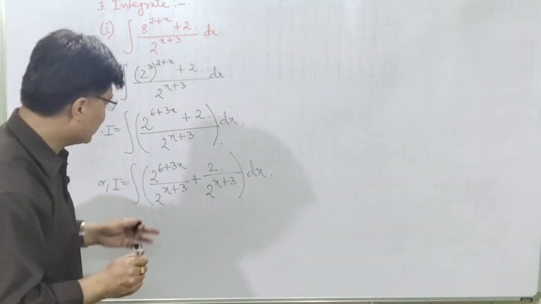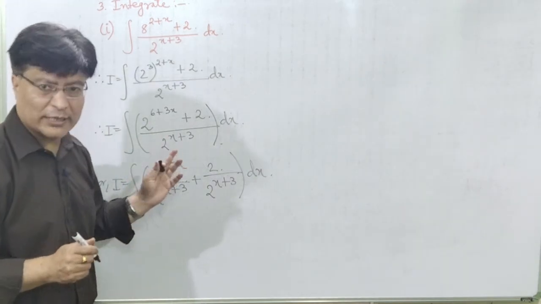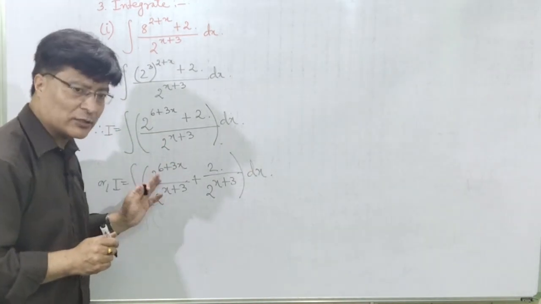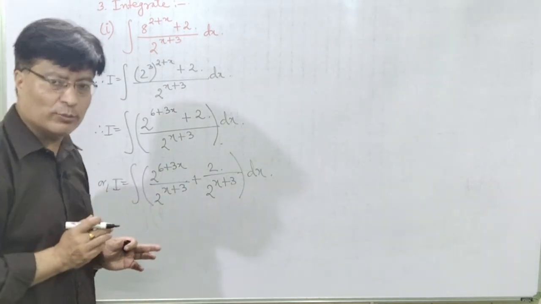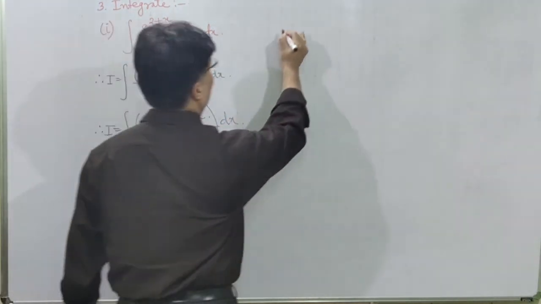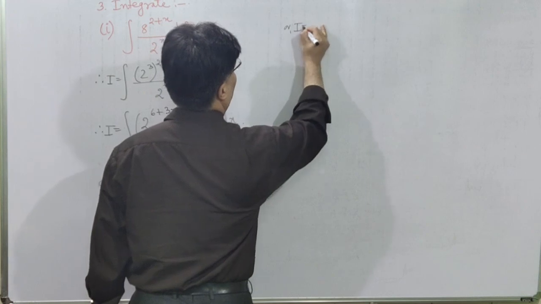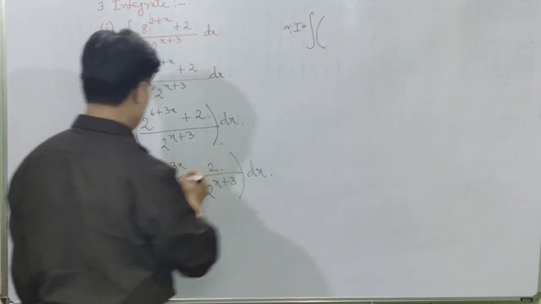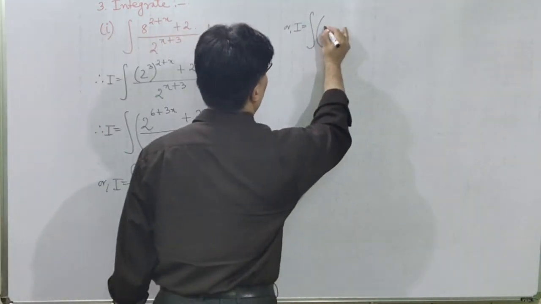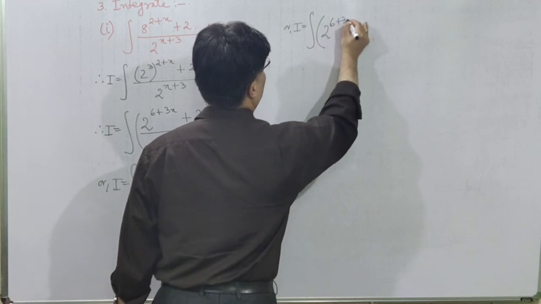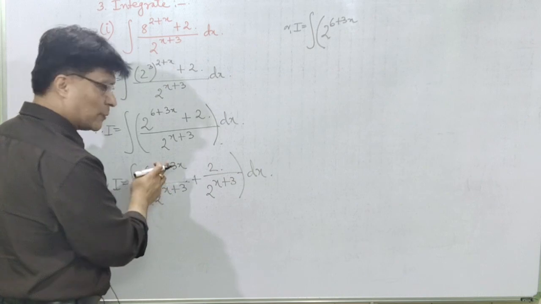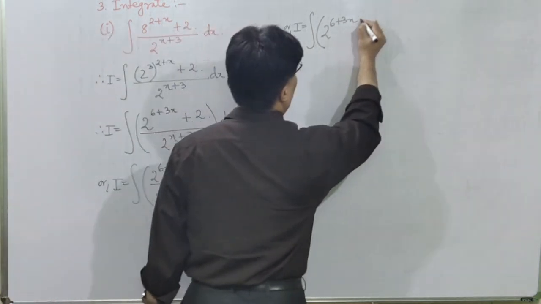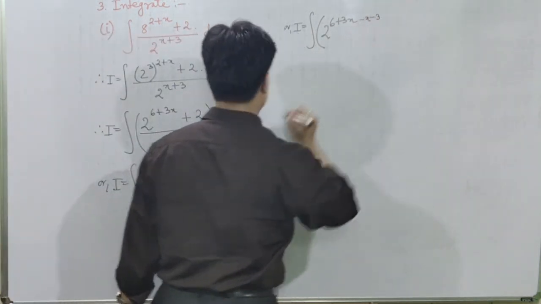Now you can take the denominator up in the numerator. You can take the terms which are in the denominator to the numerator. So I is equal to integration of, within bracket, 2 to the power 6 plus 3x. Now when 2 to the power x plus 3 goes up in the numerator, it becomes minus x minus 3.